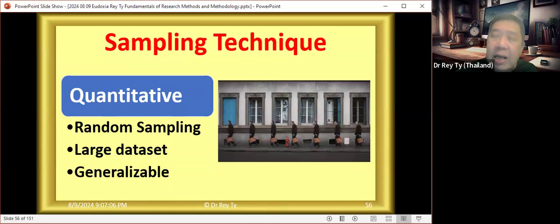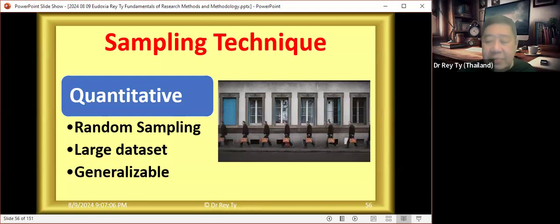In fact, for a national survey in the US, they only have 1,200 people representing, I don't know, 300 million population. You have 1,200 people who are selected by random, and their answers reflect the general sentiments of the American. That's what the Gallup poll does.